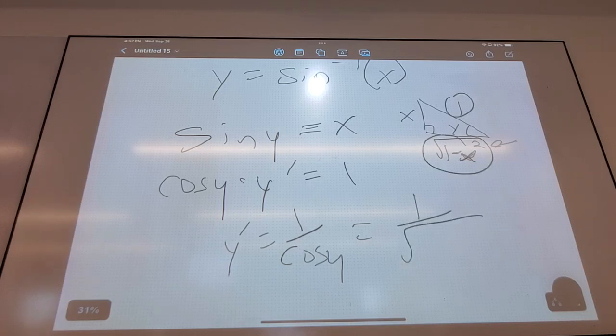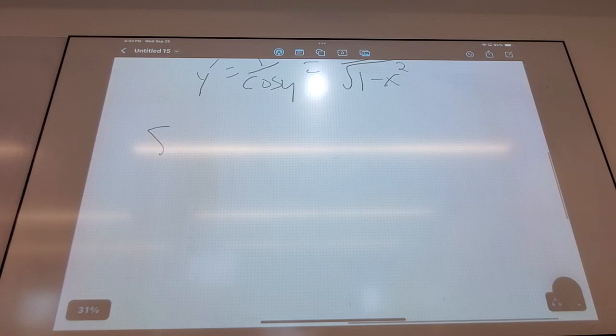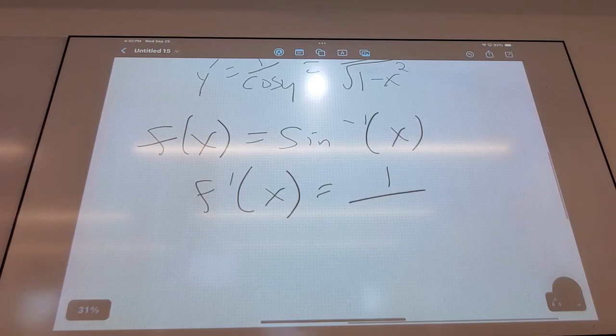So it looks like inverse sine, or arcsine, has the square root staying inside. Let me write that down more concisely. If I give you inverse sine, its derivative is 1 over the square root of 1 minus x squared.